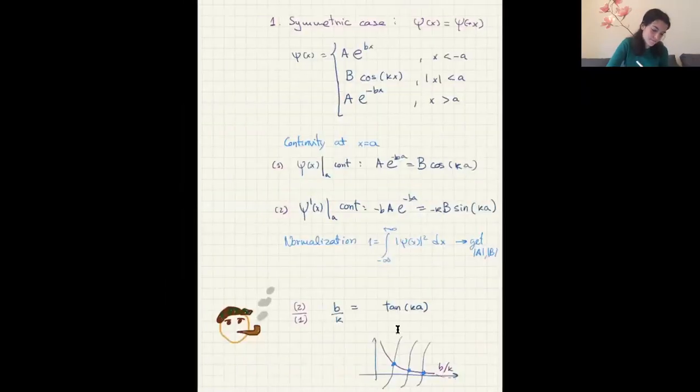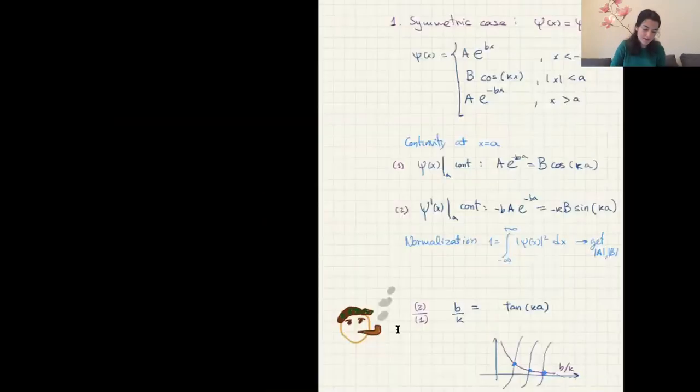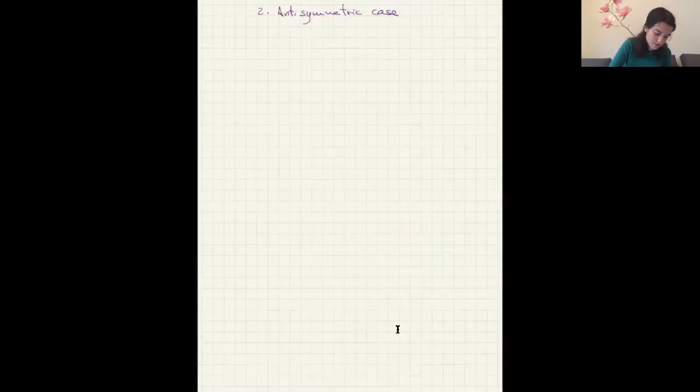So there, let's just copy this. So this is when this and this are the same, but with opposite values. So you get e^{ikx} minus e^{-ikx}, which is just a sine function up to a constant.